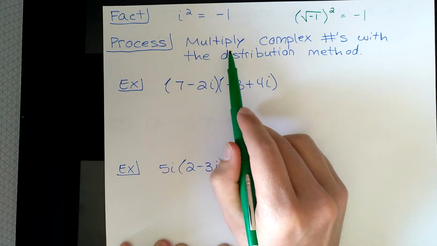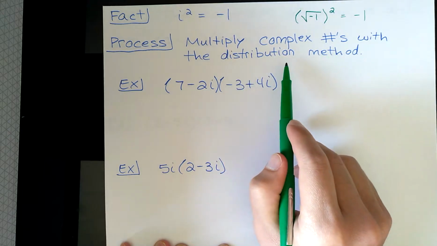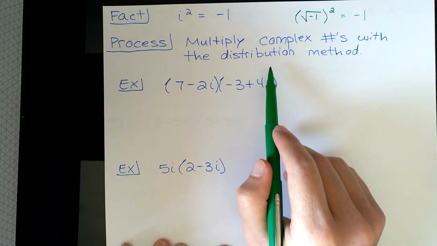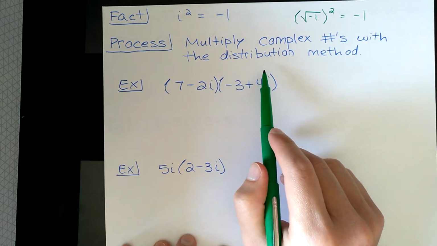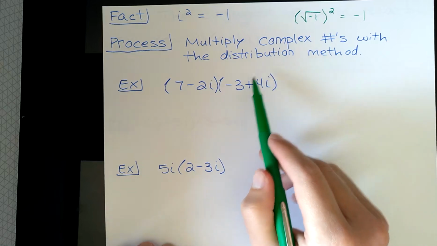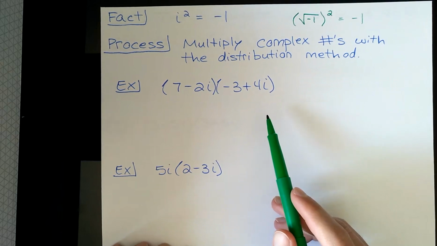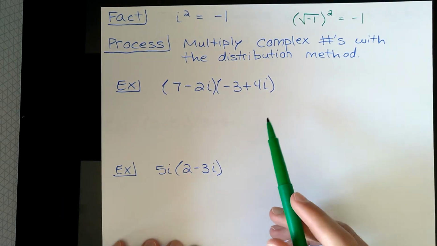So with that, to multiply complex numbers, we just use the distribution method. Or, if you're more comfortable with it, the box method, or the FOIL method, whichever you prefer. It just means that we are multiplying these just like we've multiplied polynomials in the past. There's no difference.